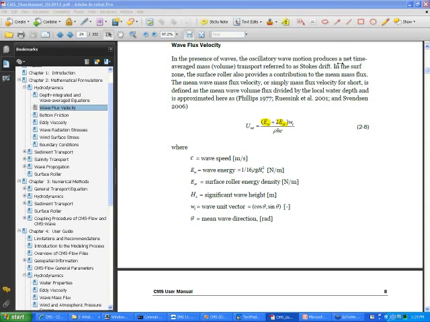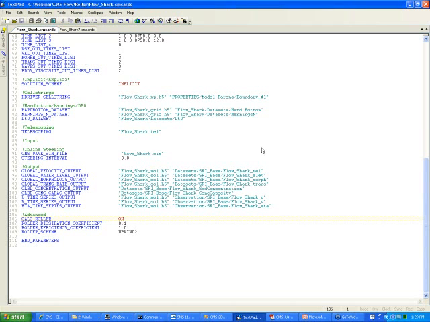So you want to modify that in the card file. And let me show you what the cards look like. Okay, so this is one example where I turned on the surface roller.